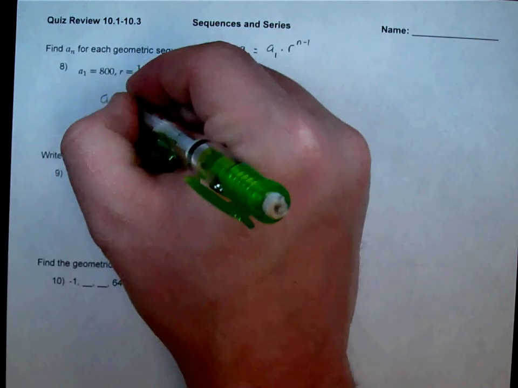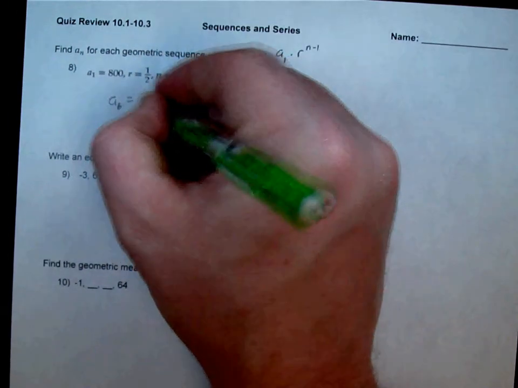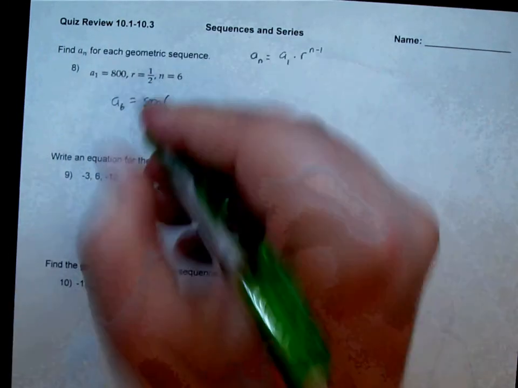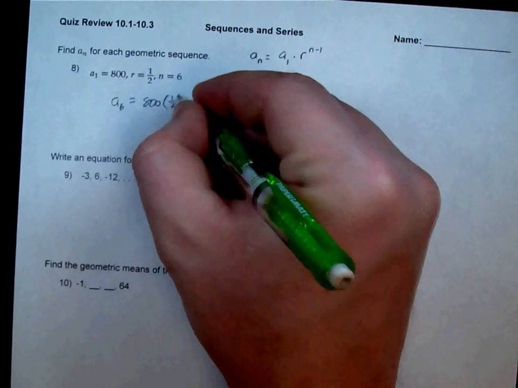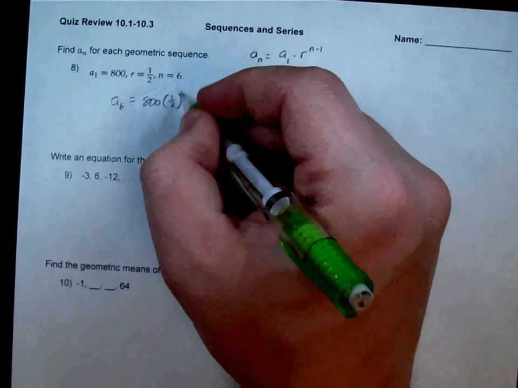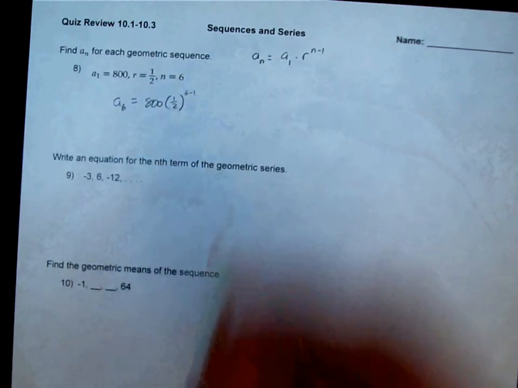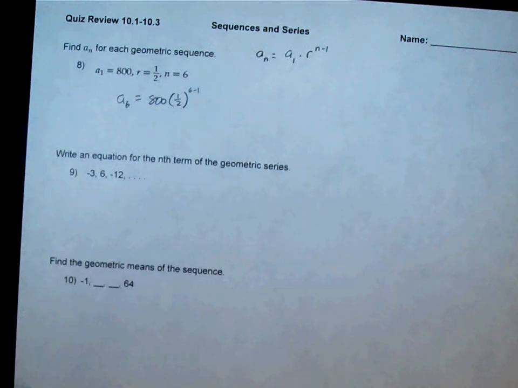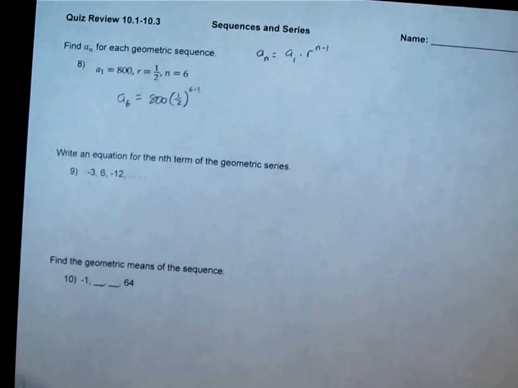So a sub 6 equals a sub 1, which is 800, times r, which is 1/2, to the n minus 1, so 6 minus 1. So that's the 5th power. So I'm really trying to take 1/2 to the 5th power.